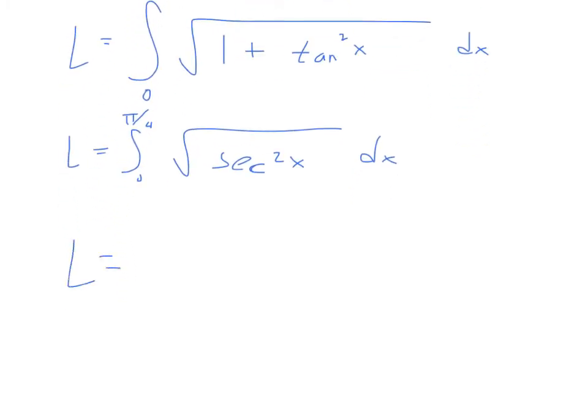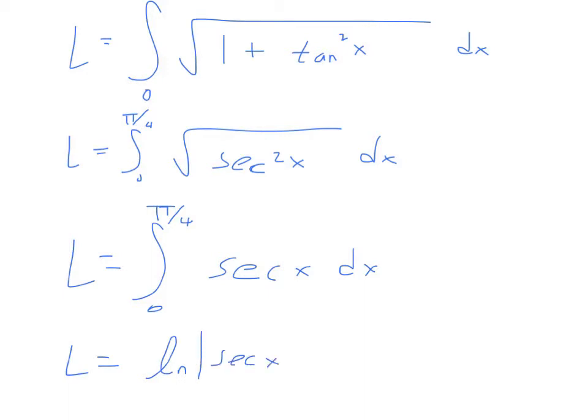So my arc length will be the integral from 0 to pi over 4 of secant x dx. This is one of those memorized integrals. Presumably you remember that this is the natural log of secant x plus tangent x. And I just need to evaluate this between 0 and pi over 4.